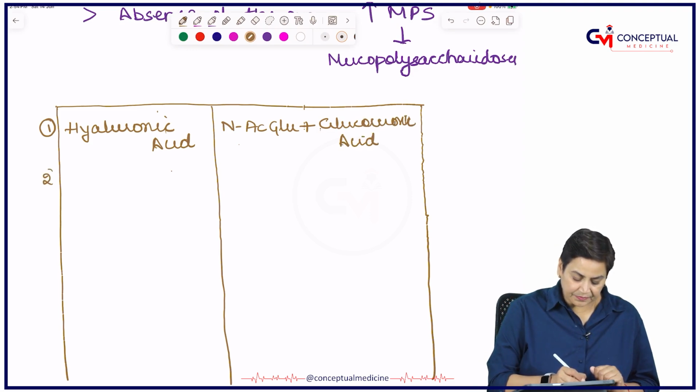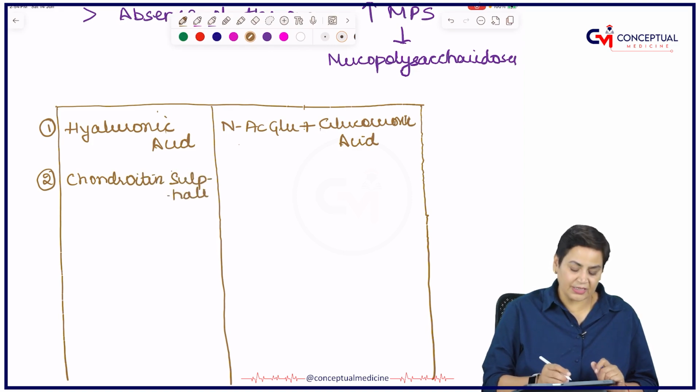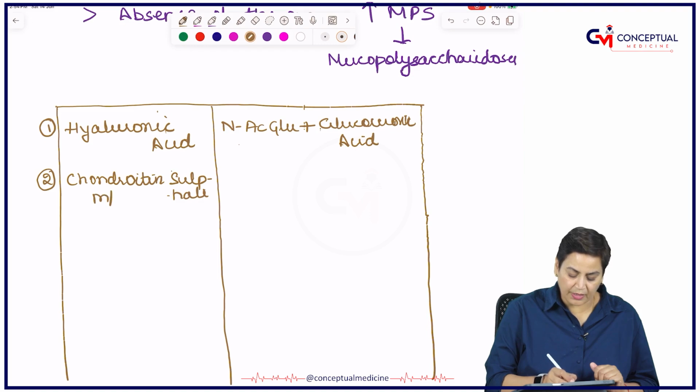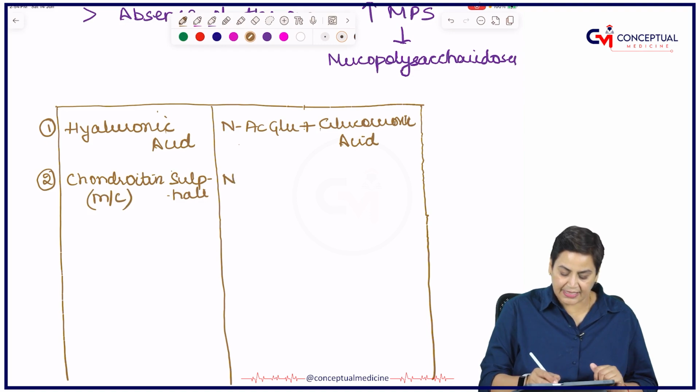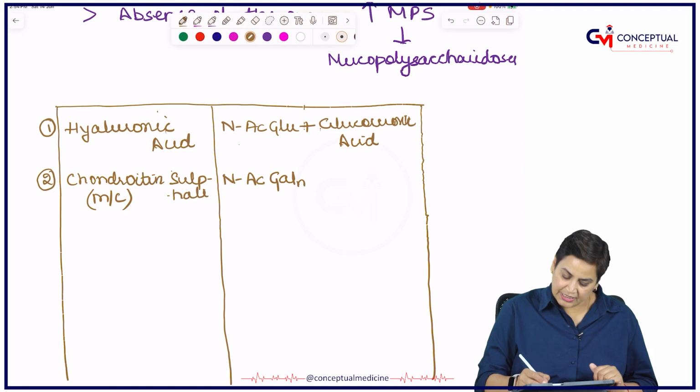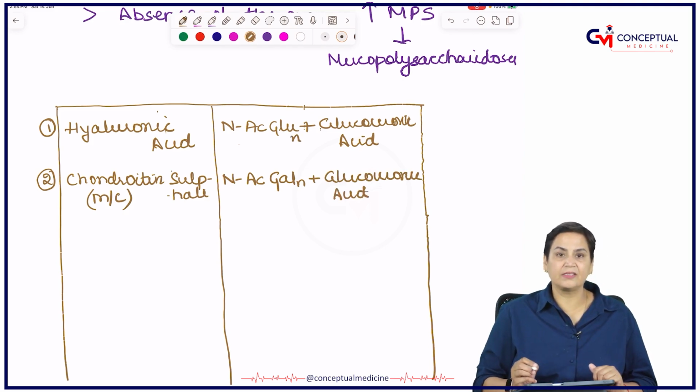Second is chondroitin sulfate. This chondroitin sulfate is the most common mucopolysaccharide, and if we talk about the composition, it has N-acetyl galactosamine, which is further linked to glucuronic acid.